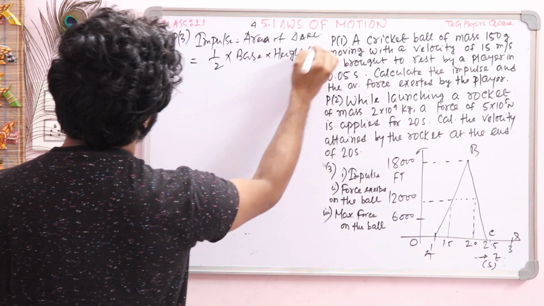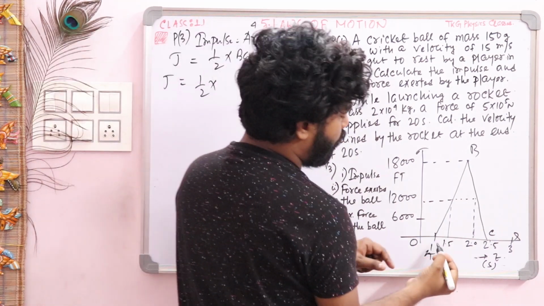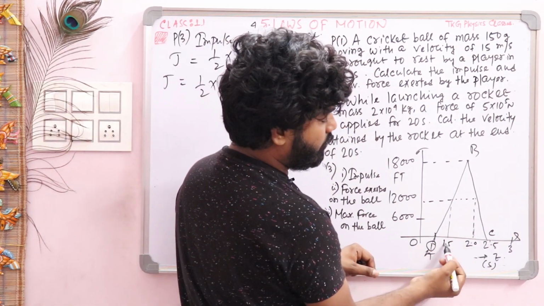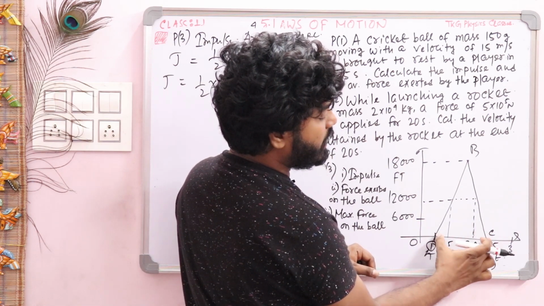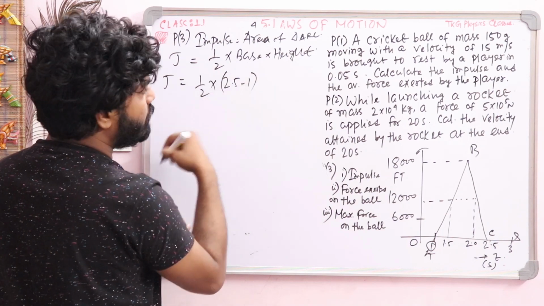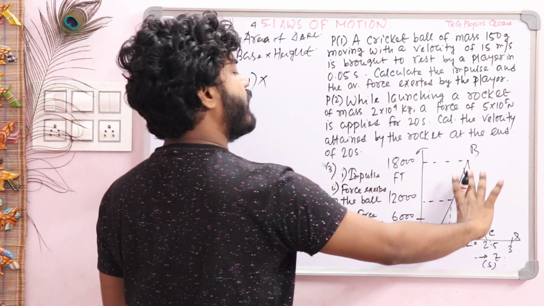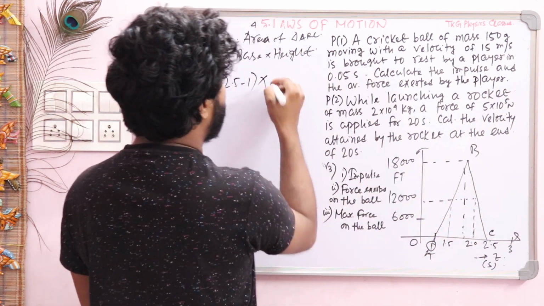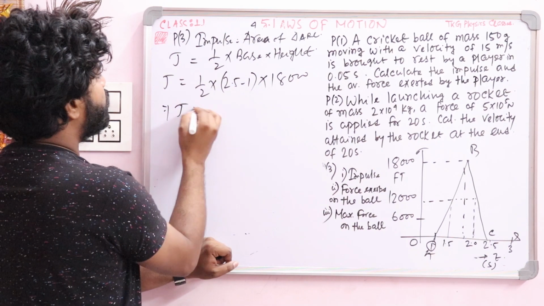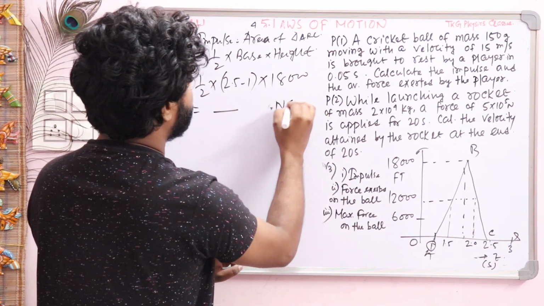Now putting the values, J is equal to half. For the base, you see point A is marked 1 and C is marked 2.5. This one is 1 second, this one is 2.5. So this interval is obviously 2.5 minus 1, and the height, you see this is the height, the height value given is 18000. Now you can solve this one. This will be the impulse, and the unit is Newton second.